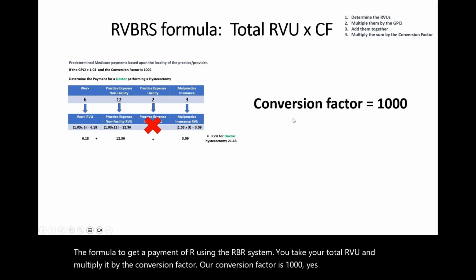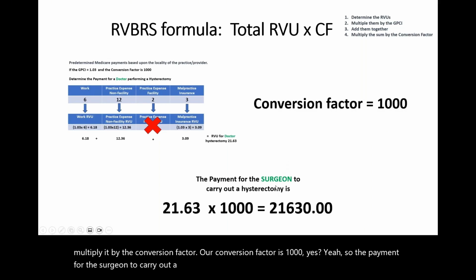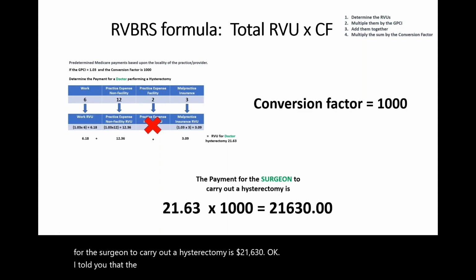So the payment for the surgeon to carry out a hysterectomy is $21,630. Okay, I told you that these numbers were made up. All right, so you all get it? Everybody get it?